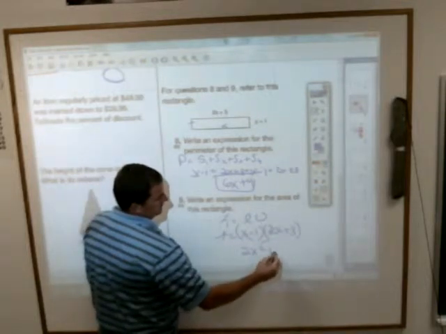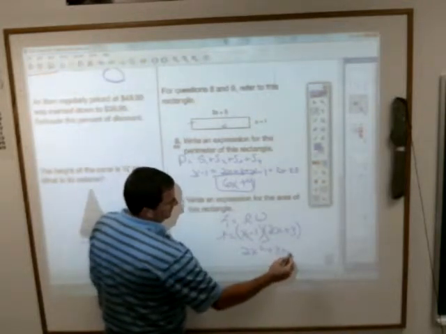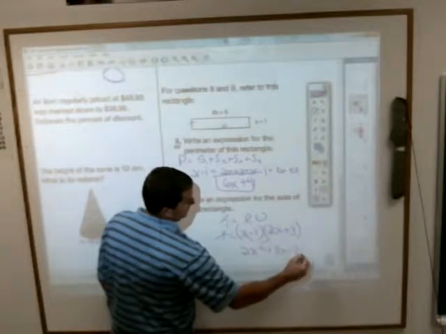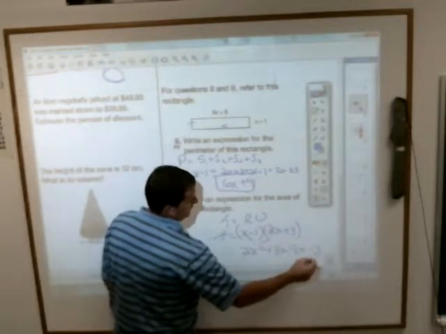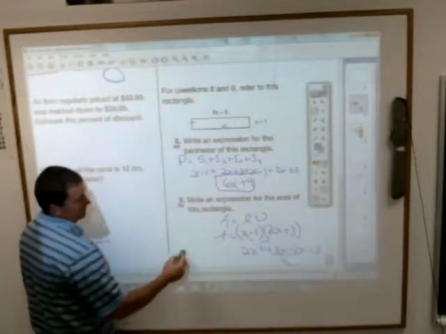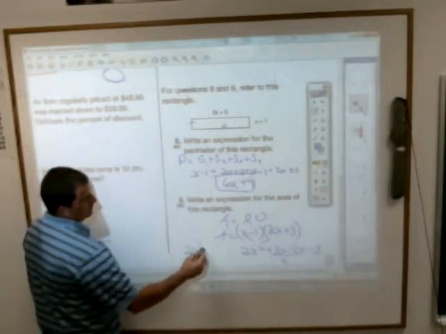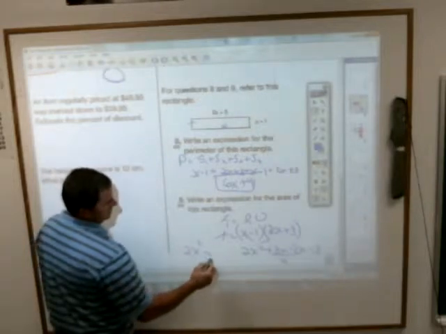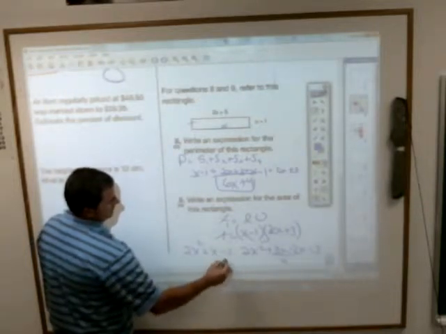Outside term is 3x. Inside term is minus 2x. And the last term is minus 3. These 2 will combine to give you just an x. So we end up with 2x squared plus x minus 3.